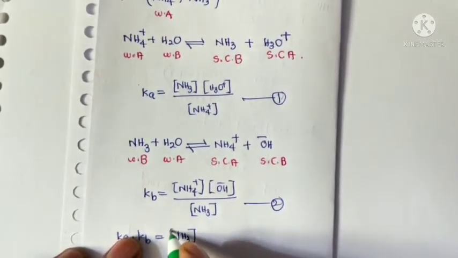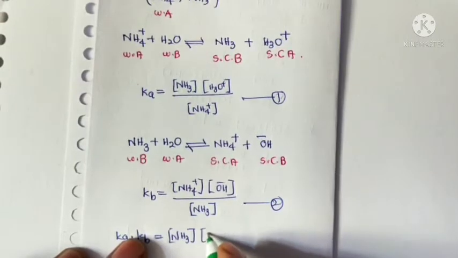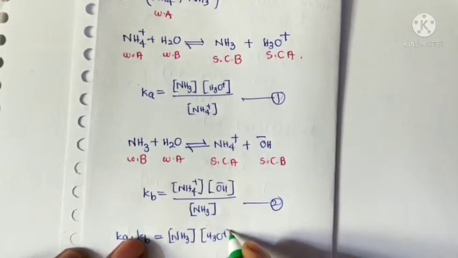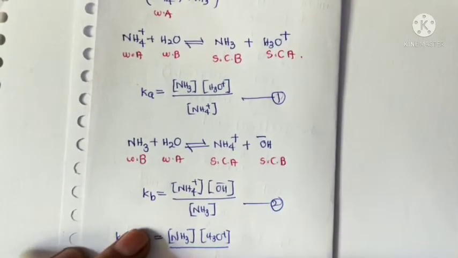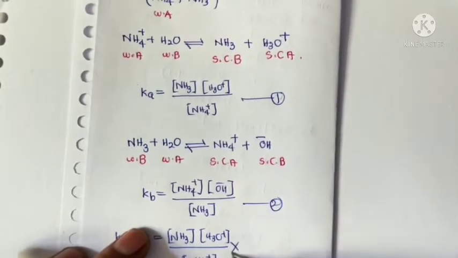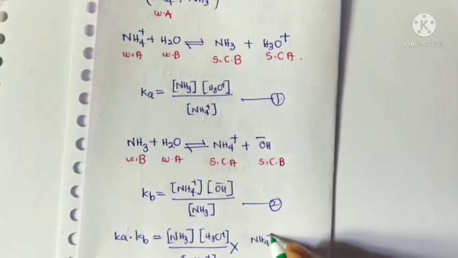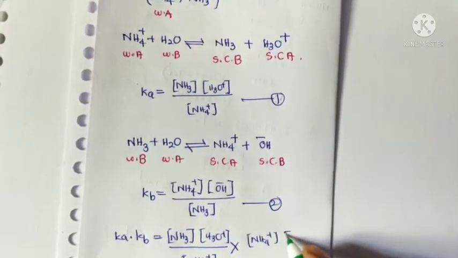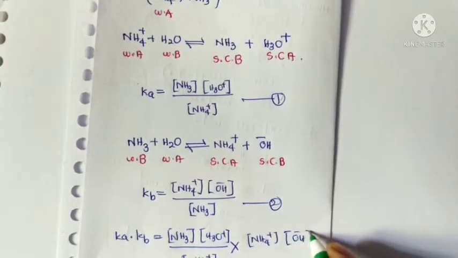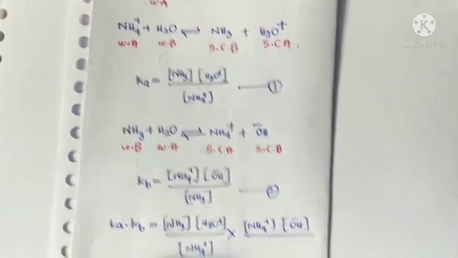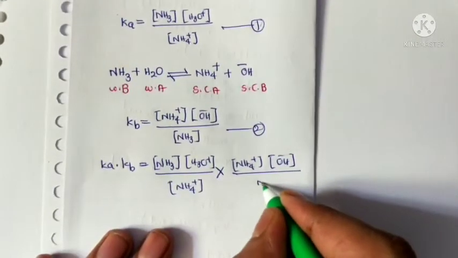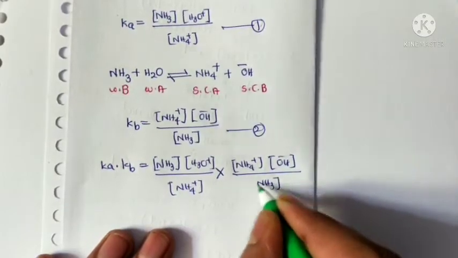The NH3 concentration and the hydronium ion concentration, divided by the NH4 plus ion concentration, times the NH4 plus ion concentration and the OH minus ion concentration, divided by the NH3 concentration.